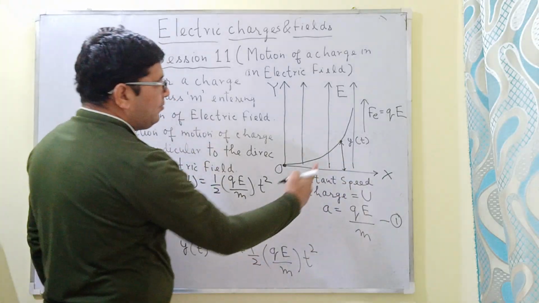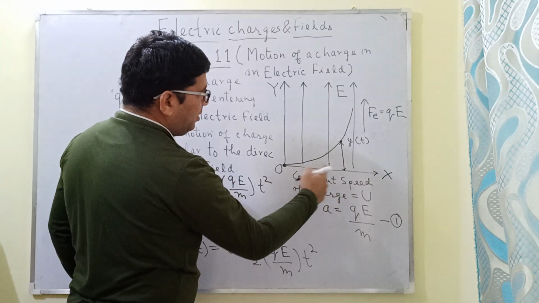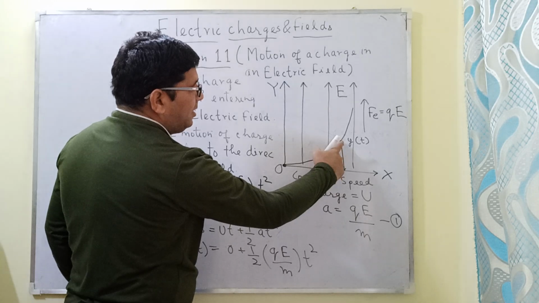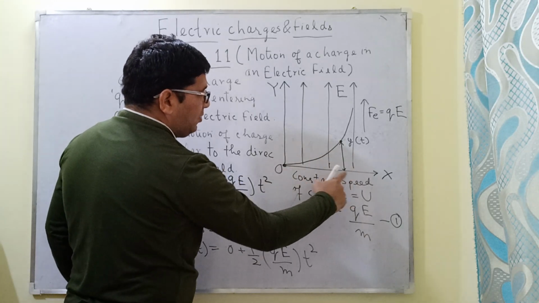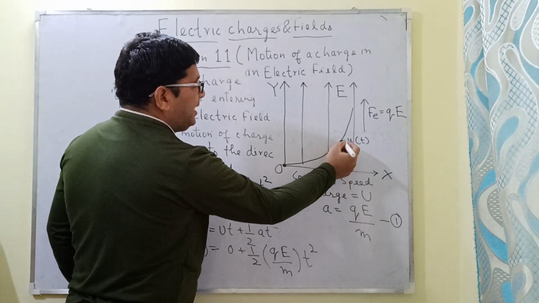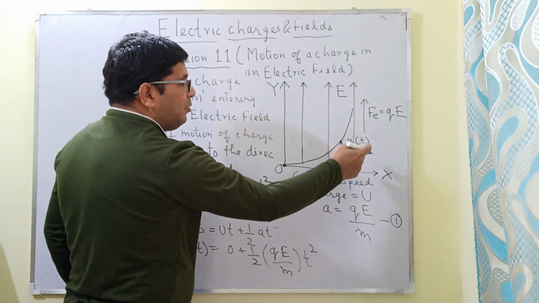And what is deflection? It is the distance between the direction of motion along the x-axis and that point at a particular moment of time.